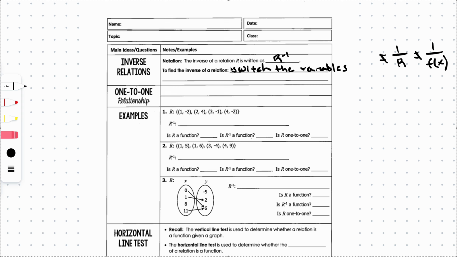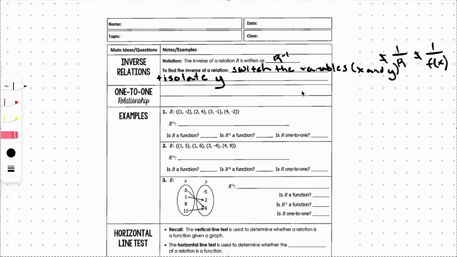Essentially you just need to switch the variables, which most of the time is going to be x and y. And then you'd want to isolate y.